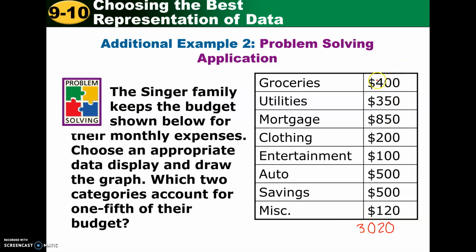So I'm going to do this part divided by the total budget times 100 to turn it into a percent. So I'm going to do all those steps. So I would do 400 divided by 3,020 times 100 to get the percent. And then I'm going to do that with all of these.